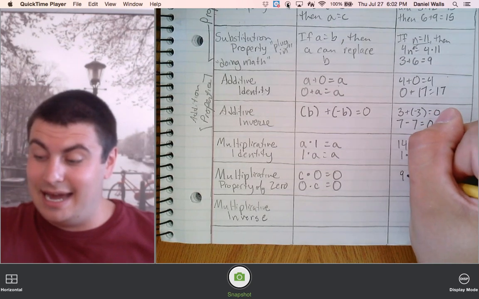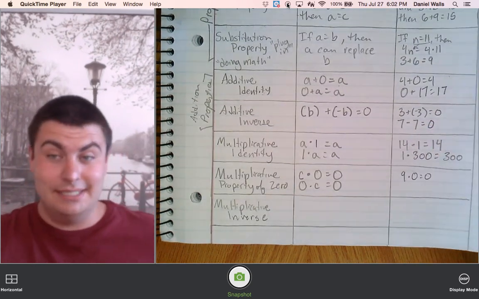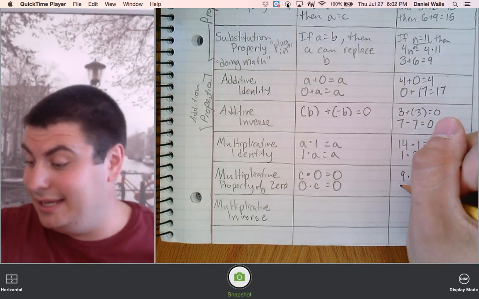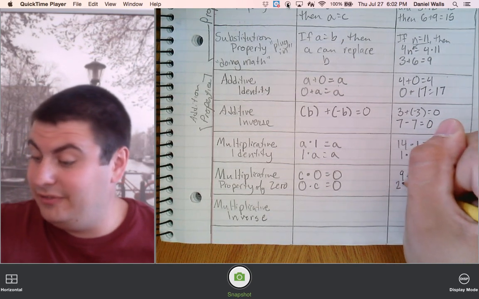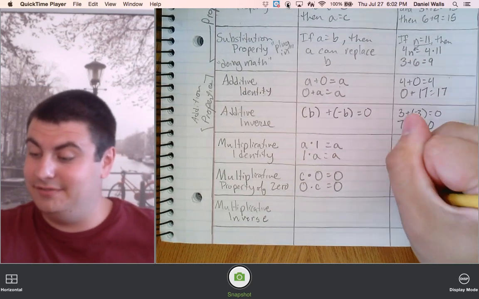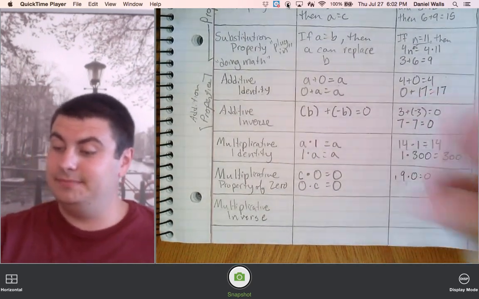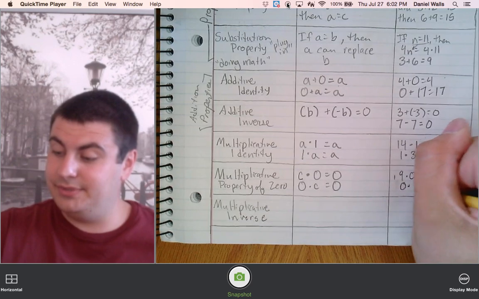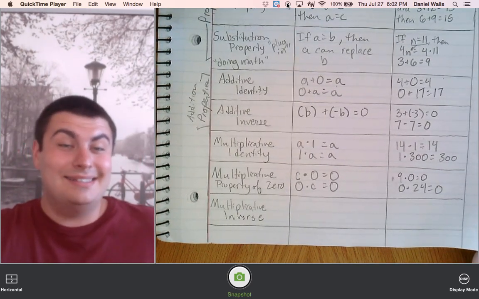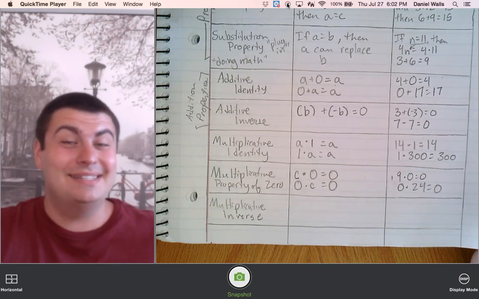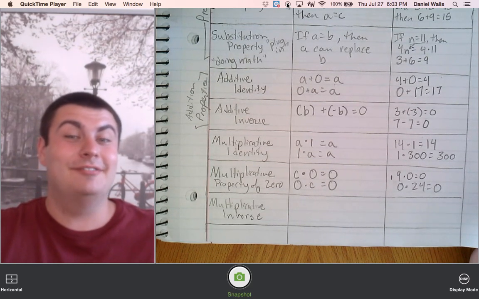So we could say that 9 times 0 is equal to 0. We could say, 24, we'll put 0 first this time. 0 times 24 is equal to 0 as well. So anything times 0 equals 0. That's formally known as the multiplicative property of 0.